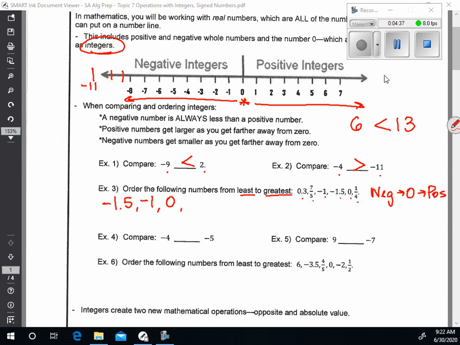So in order, this would be 1/4, followed by 0.3, and then finally 7/5. So those are your numbers in order from least to greatest.